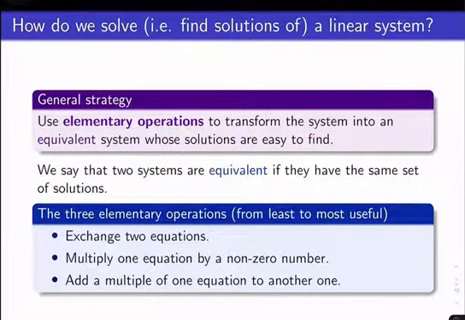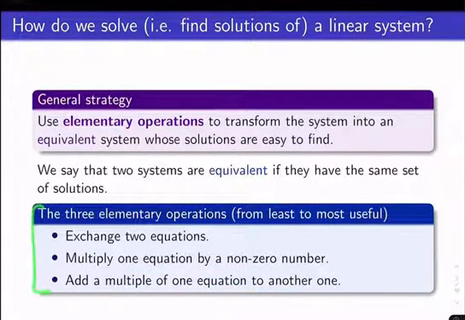The three elementary operations are here. We can exchange two equations, and if we do that, we do not change the solution to the system. We can also multiply one equation by a non-zero number. We can add a multiple of one equation to another one.